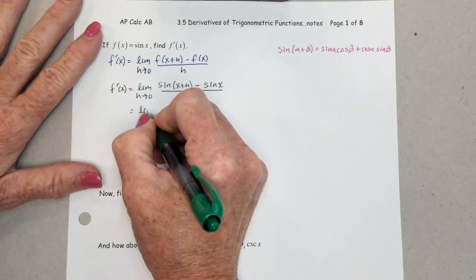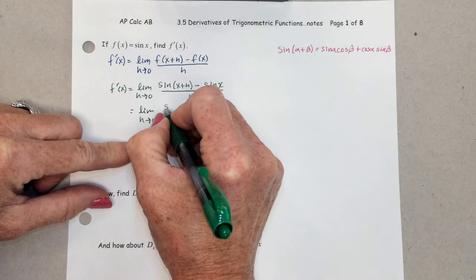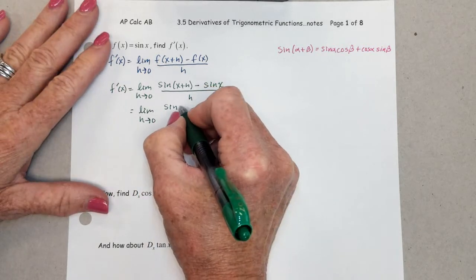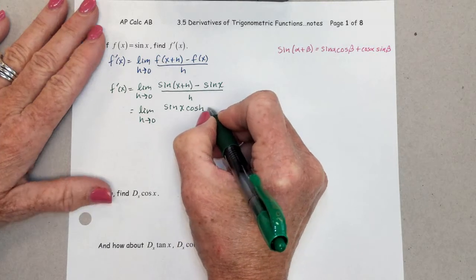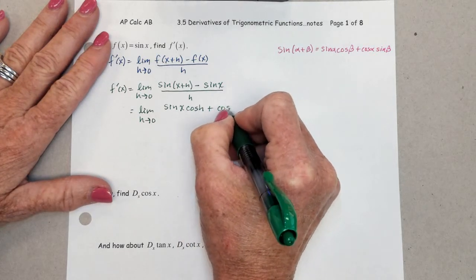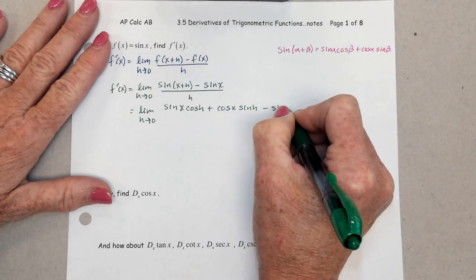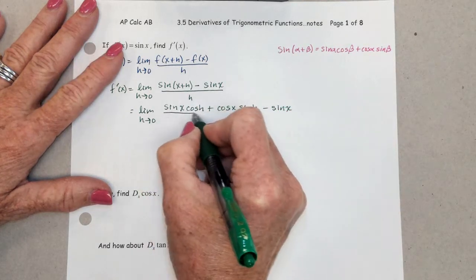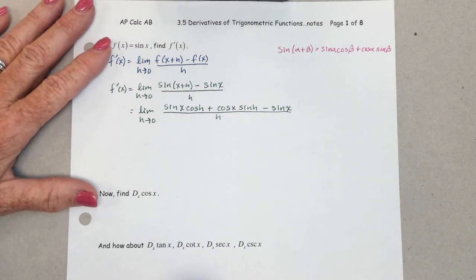So we have the limit as h approaches 0, sine of x cosine h plus cosine x sine h minus sine x all over h.